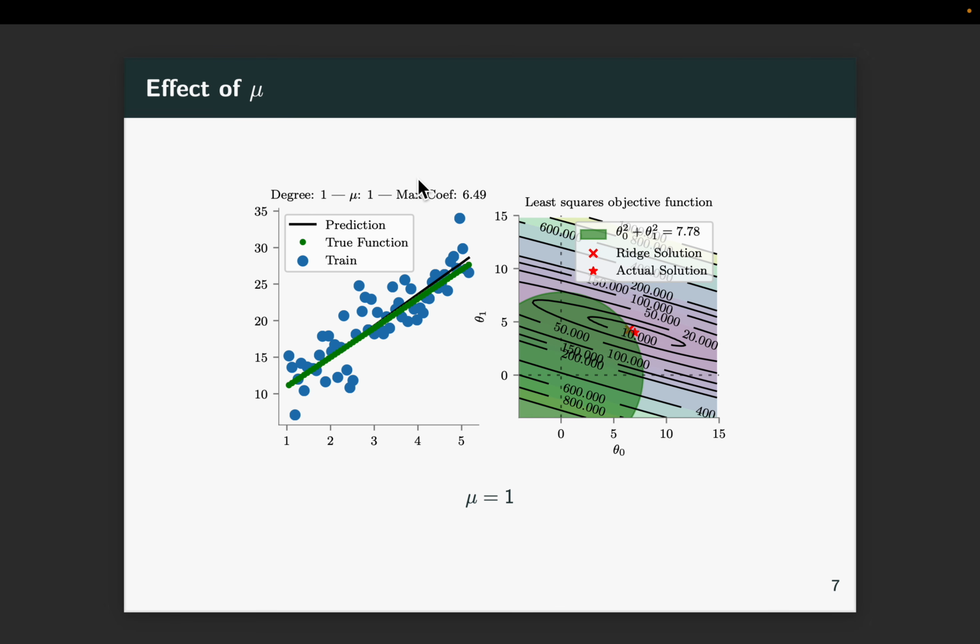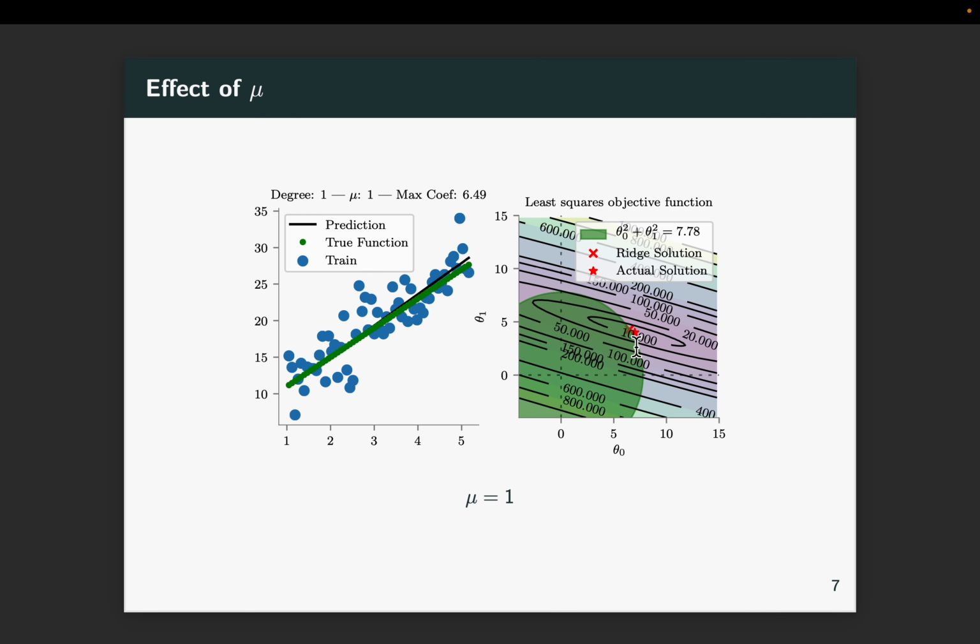For the unregularized problem, our solution is shown in the star mark. For the regularized version, can you see that the value of theta 1 is increased?